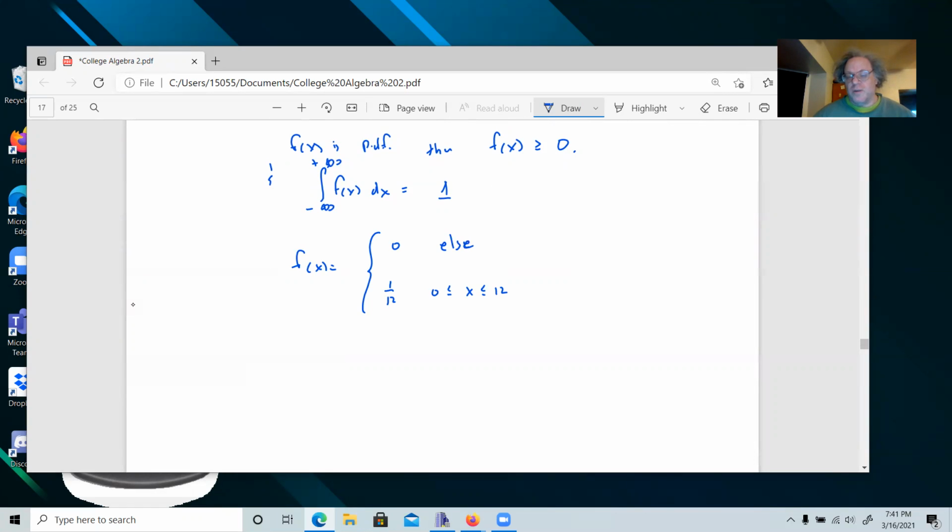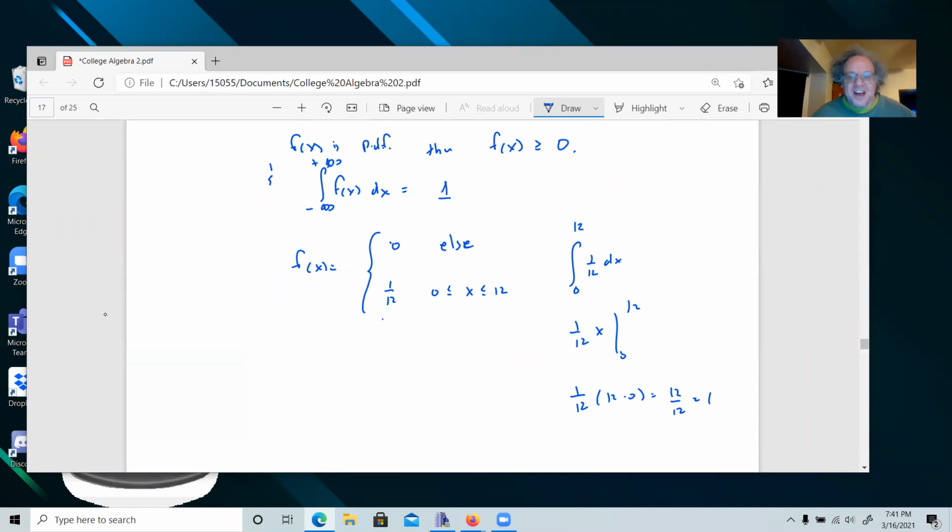Integrating this out, do we really care about everywhere else, or just the 1/12 between these two? We just care about this part. So to test it out, we go from 0 to 12 of 1/12 dx. That's 1/12 x from 0 to 12, so 1/12 times (12 minus 0), which is 12 over 12, which is 1.